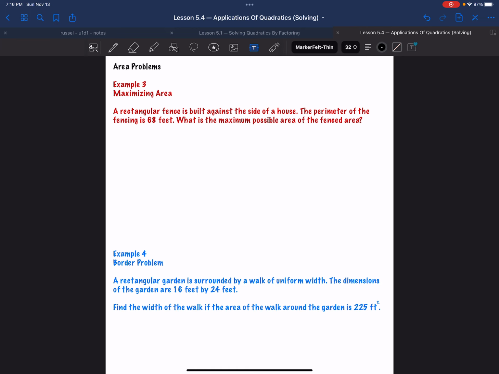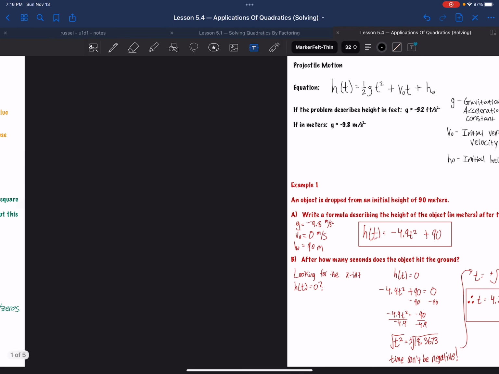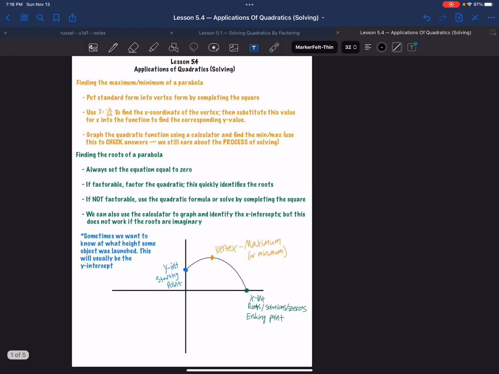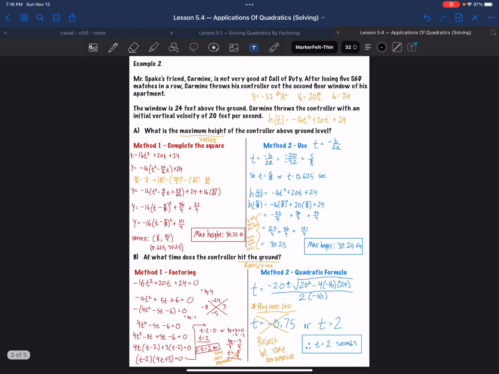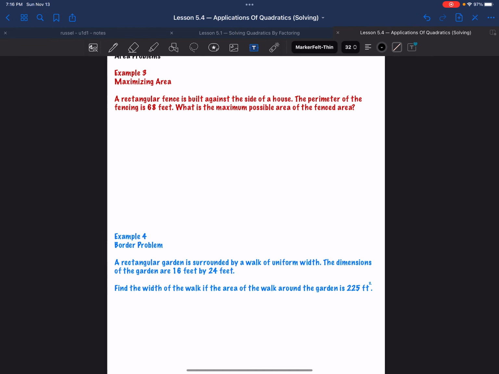Okay, so last time in the first part of 5.4, we covered some general strategies and tips for solving quadratics in terms of applications for real-world scenarios. We're just going to look at a few more examples. You can look at that video to see some of our previous examples, but we're continuing off that.